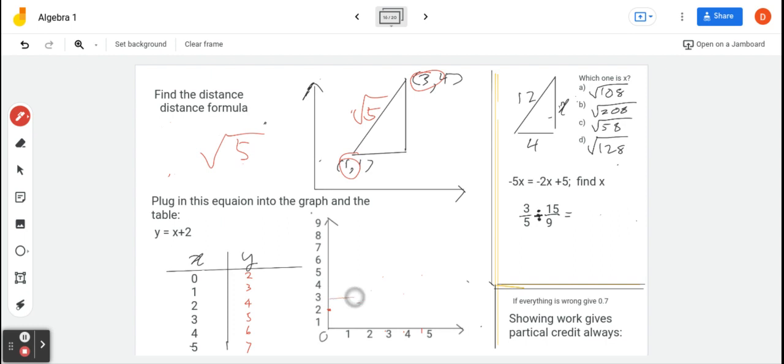Starting from 2, we give them 1. For 4, we give them 2. 5, we give them 3. Wait, that's not 5. We give them 3. 6, we give them 4.